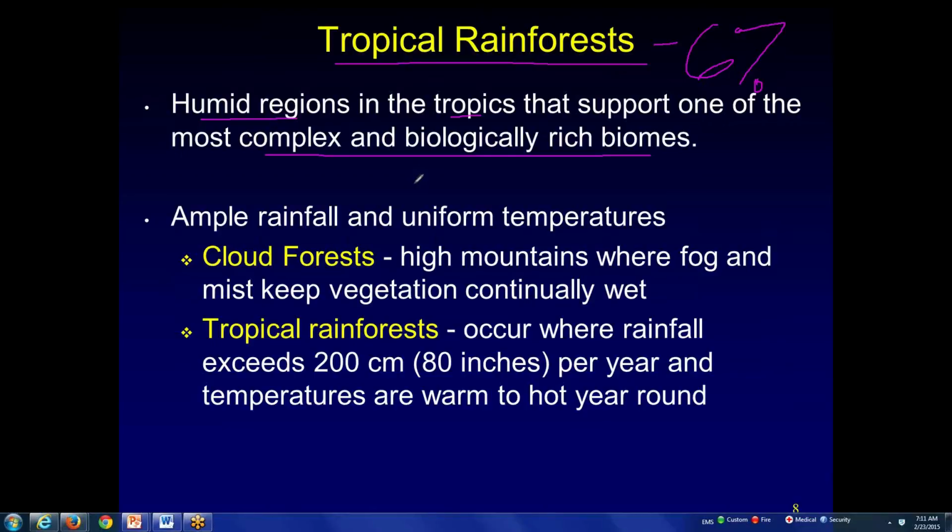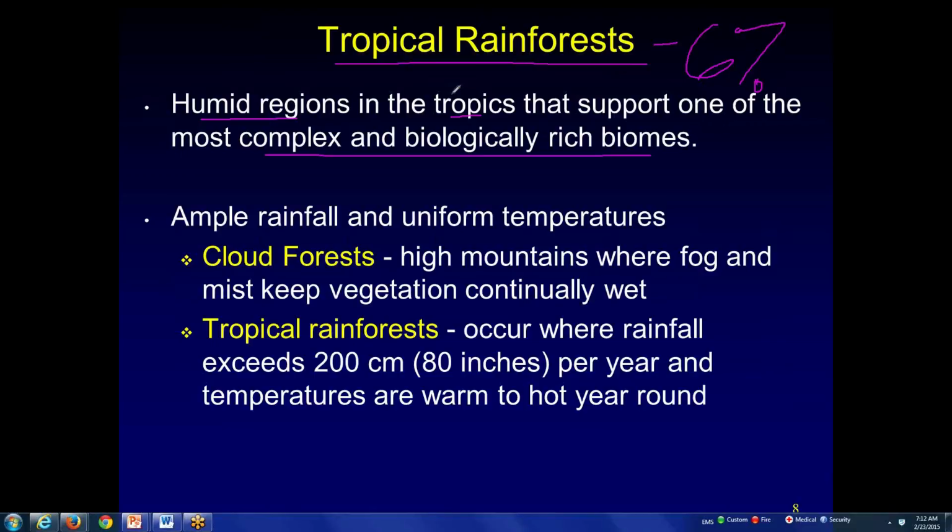For example, the last ice age probably did not affect tropical rainforests, but would have heavily affected temperate deciduous forests like where we live. So our area would have been very cold and very devastated by the last ice age. And points northward would have been heavily influenced by the last ice age, actually being covered entirely by glaciers.